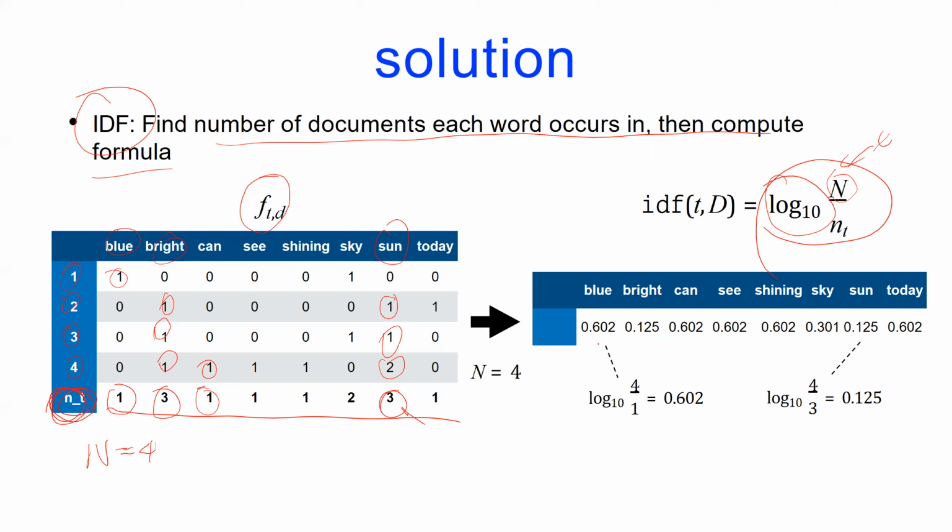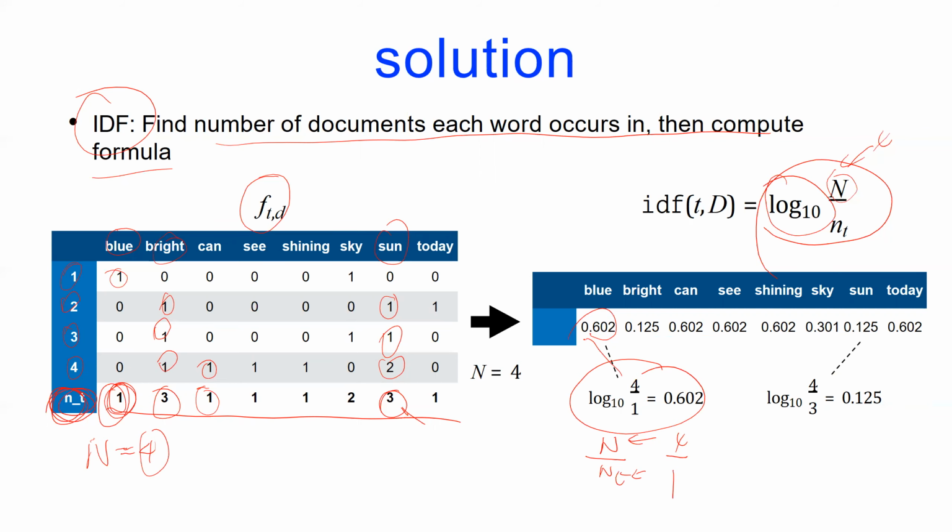For example, for the first one, NT equals 1 and N equals 4, so it is 4 divided by 1. You get this value, and you put it here. This will be the inverse document frequency for blue.